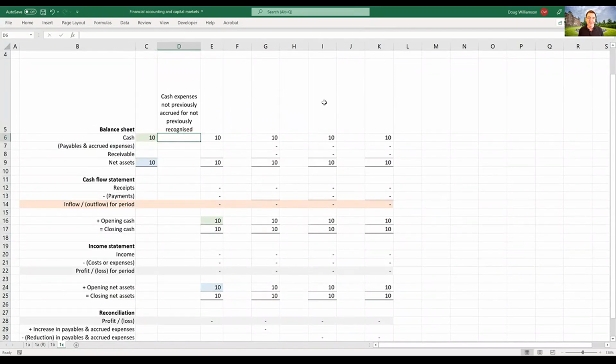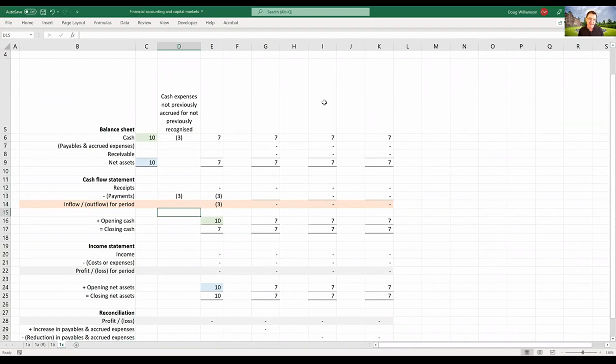We spend some cash. Let's make the numbers different. So let's say it's 3 this time. So cash goes down by 3. We make a payment of 3.